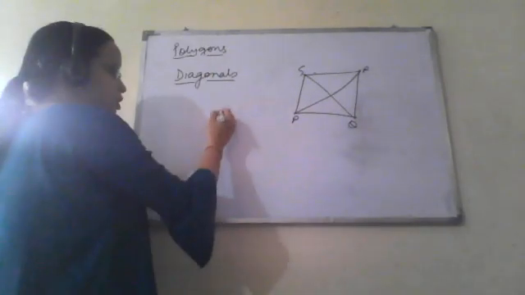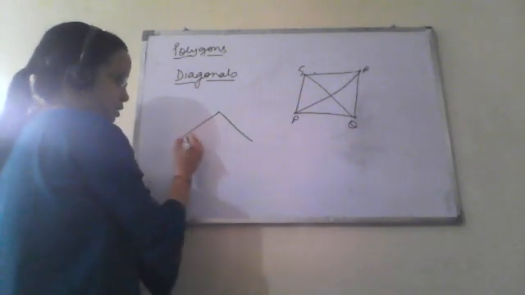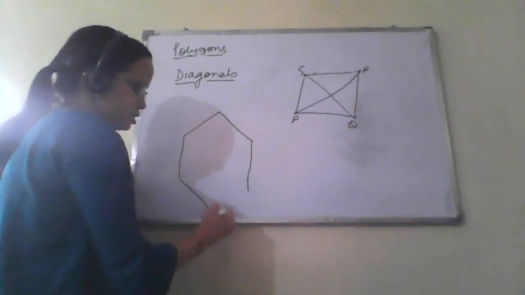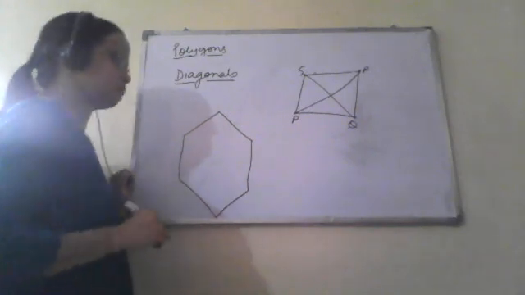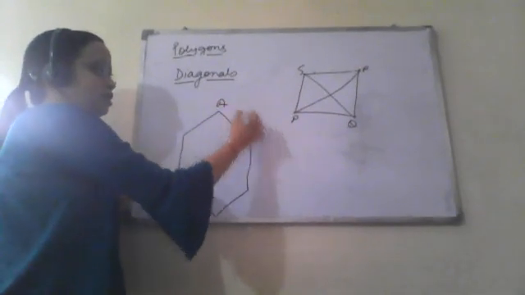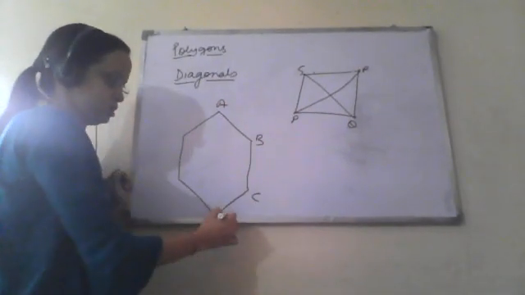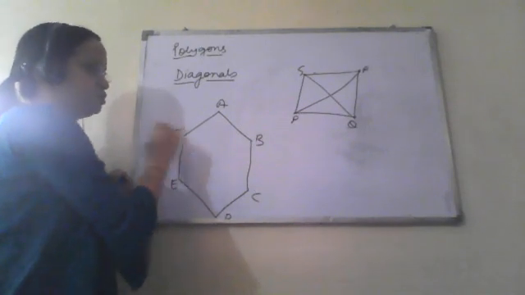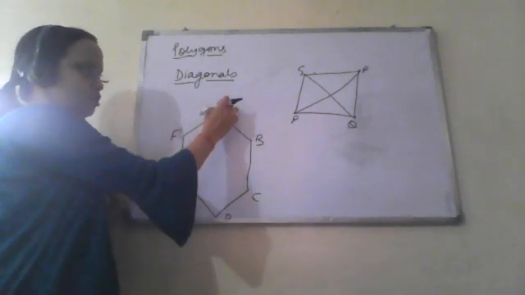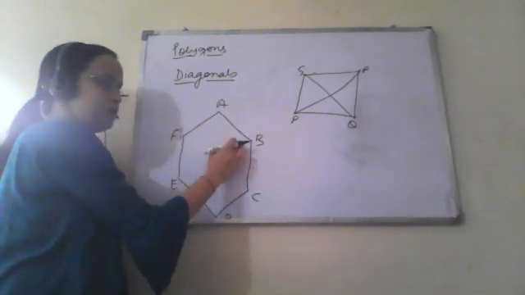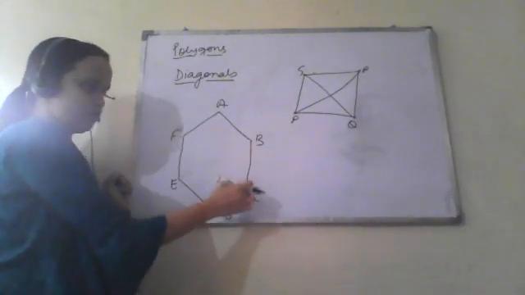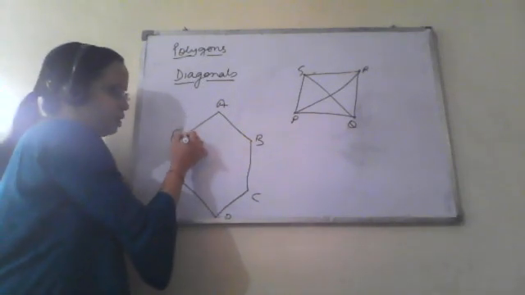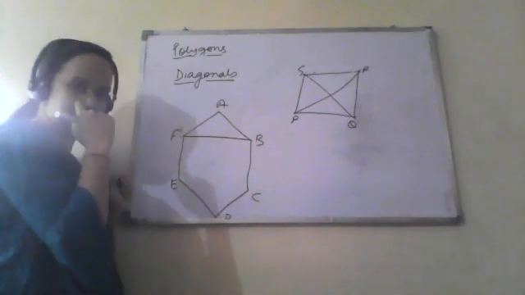Now if we draw a hexagon, a polygon having 6 sides. This is A, B, C, this is D, this is E, this is F. The consecutive vertices of A will be F and B. For B they will be A and C. For C they will be B and D. For non-consecutive vertices, if I join F to B, this can be a diagonal.